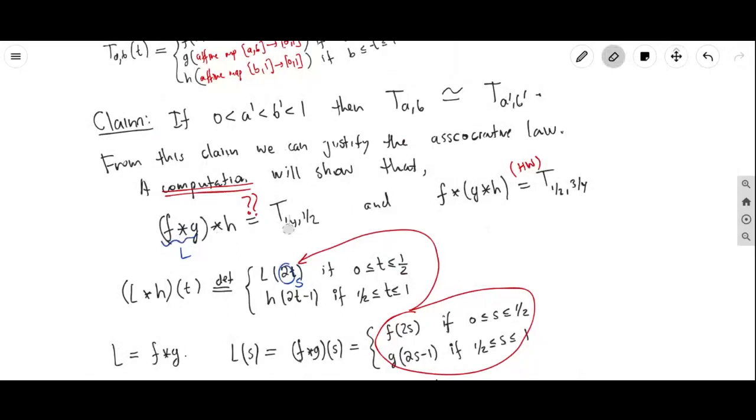So if we're willing to accept this product is equal to this triple product, and that is equal to that triple product, and the claim says that the triple products, no matter how you cut up the time intervals, are always going to be homotopic to each other, then that completes the proof that the associative law produces paths, but they're going to be homotopic to each other.